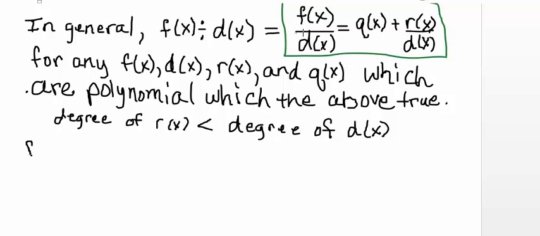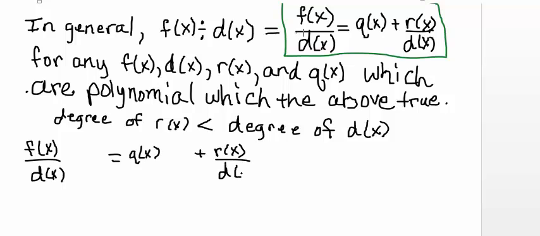That's true always. So if f of x over d of x is equal to the quotient plus the remainder over the divisor, then when I multiply by d of x on both sides of the equation, every term gets multiplied by d of x.